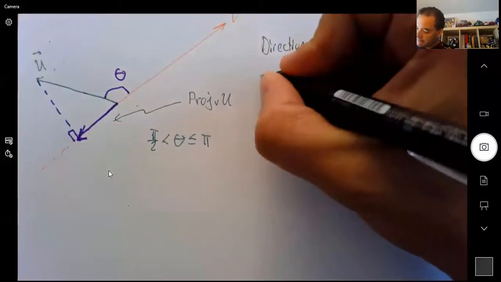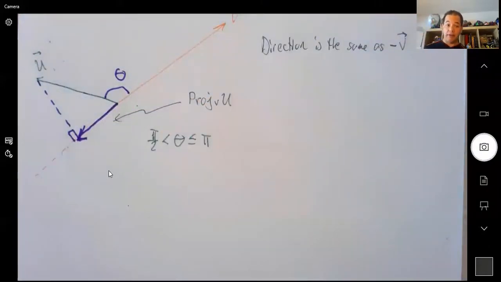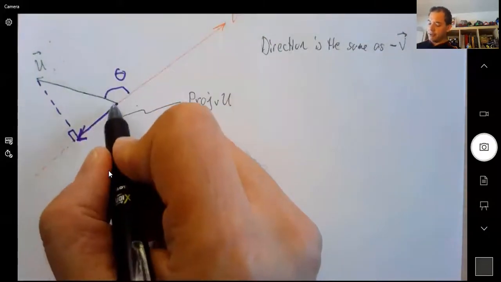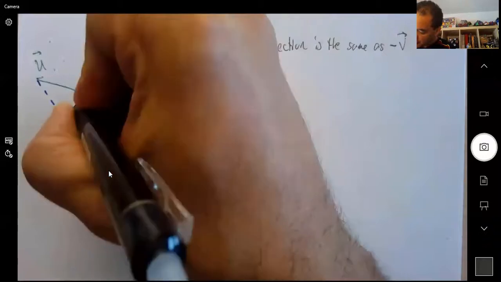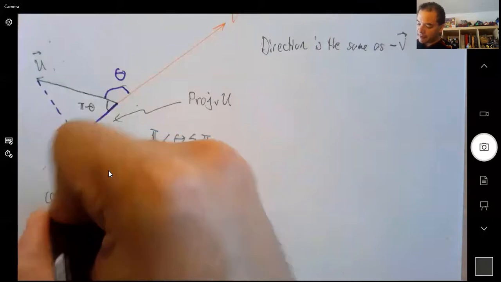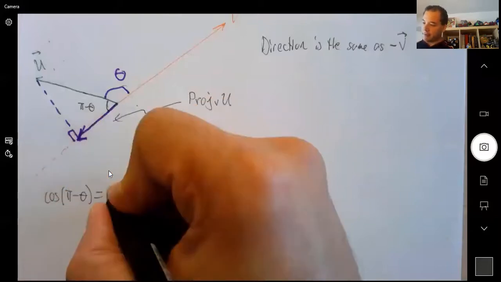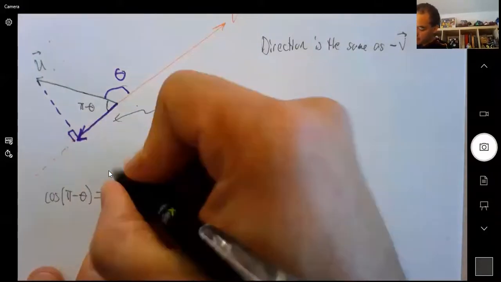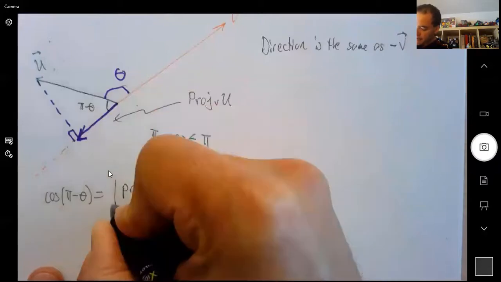And for the magnitude, we can do the same way we did it before. We can look at the cosine of this angle. If this is theta, this angle over here is pi minus theta. If we do cosine of pi minus theta, that would be the adjacent, which is the magnitude of the projection vector, divided by the magnitude of u.